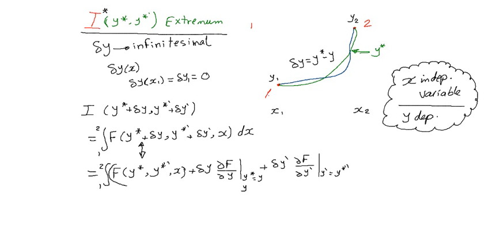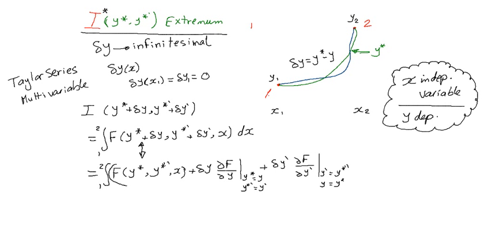And by the way, f is a function of multiple variables, so it should be evaluated at y prime equal to y star prime, and here y is equal to y star. So I am using here a Taylor series expansion for a function of multiple variables, and in elementary calculus textbooks you can find more explanation about this.